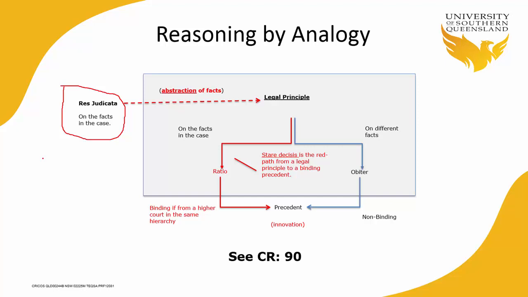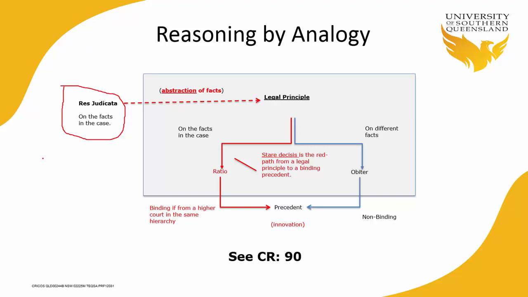So once you can establish that that's the ratio, and once you establish that you are arguing this case in the same court hierarchy, then you have found yourself a precedent. And that kind of precedent is said to be a binding precedent. That's the left-hand red path that takes you from the legal principle to the precedent.